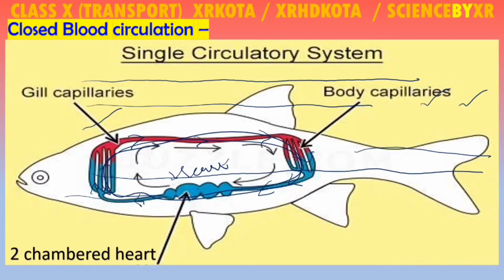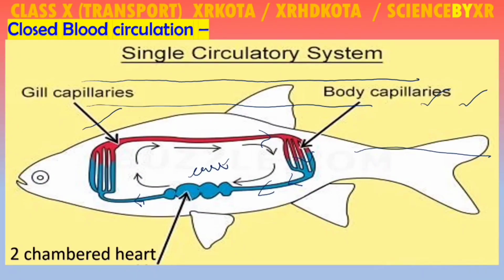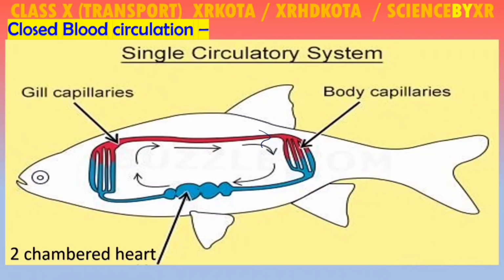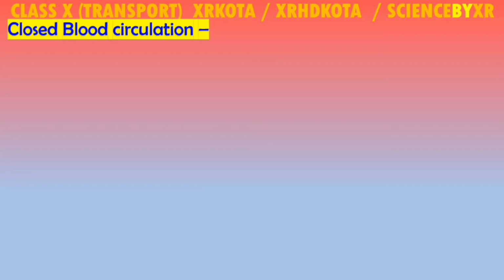This type of circulation is called single blood circulation. The single blood circulation has a disadvantage because in this the oxygenated and deoxygenated blood flow together. So there is no separation of oxygenated and deoxygenated blood. Okay, so this is the disadvantage.